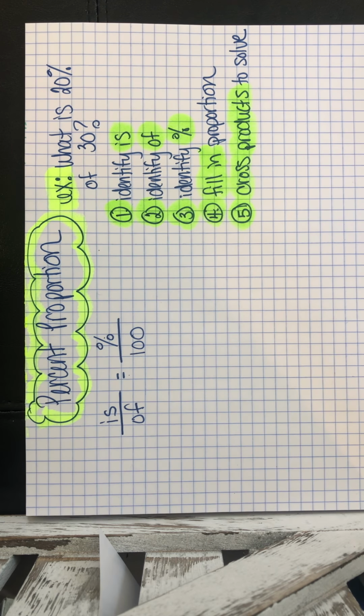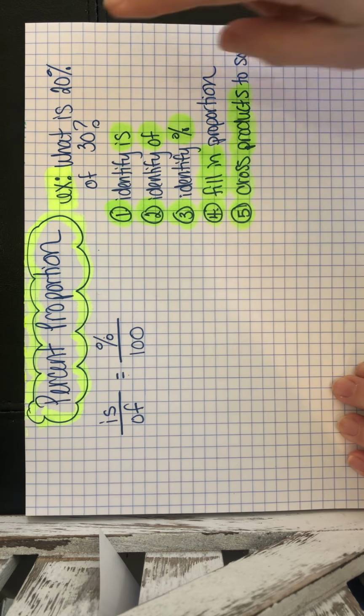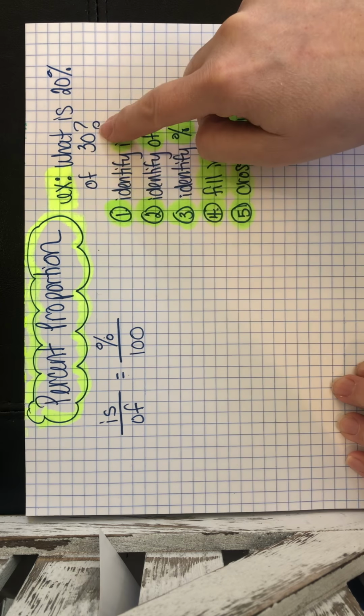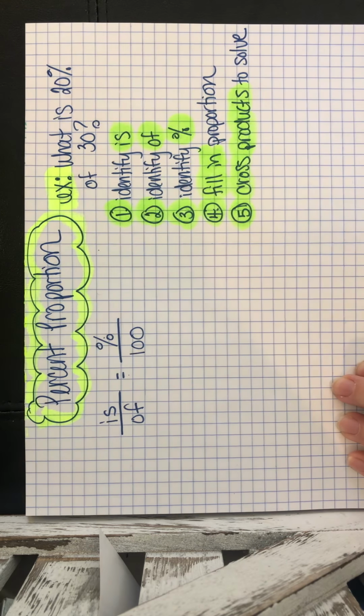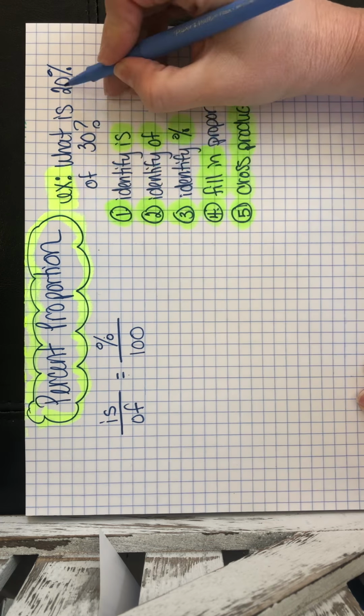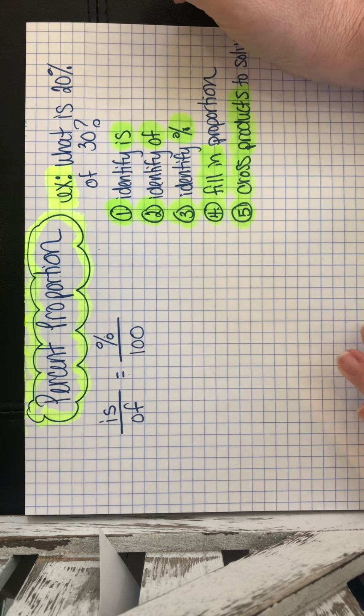Okay, so let's look at what we have here. For our example, we have what is 20% of 30. When we do this, we are going to identify the different parts. I typically look for my numbers first and identify those, and then go back and identify my variable.